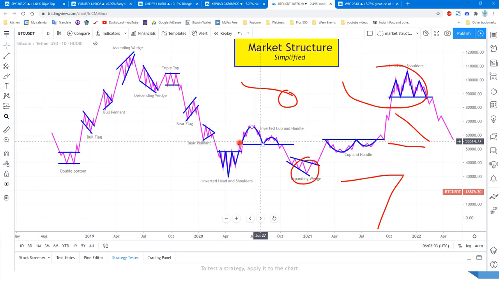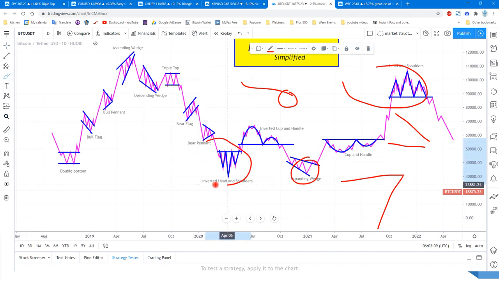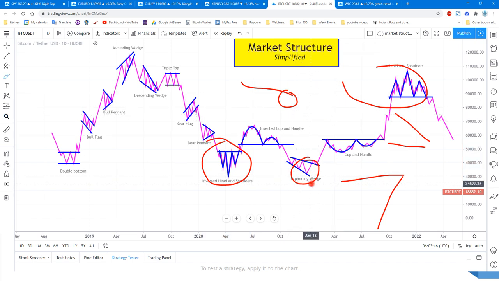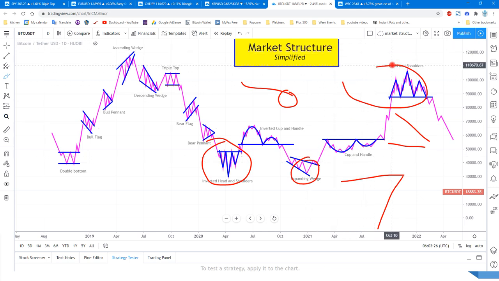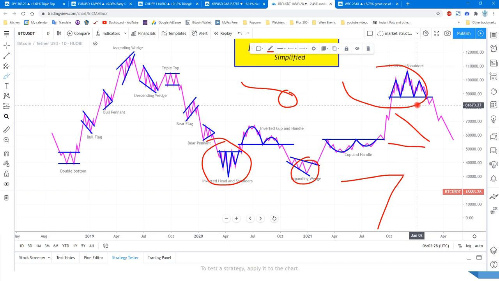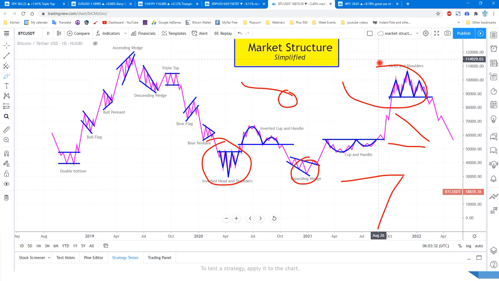Okay, so right now we have right here, this is the inverted head and shoulders. Come on. Doesn't want to go away.